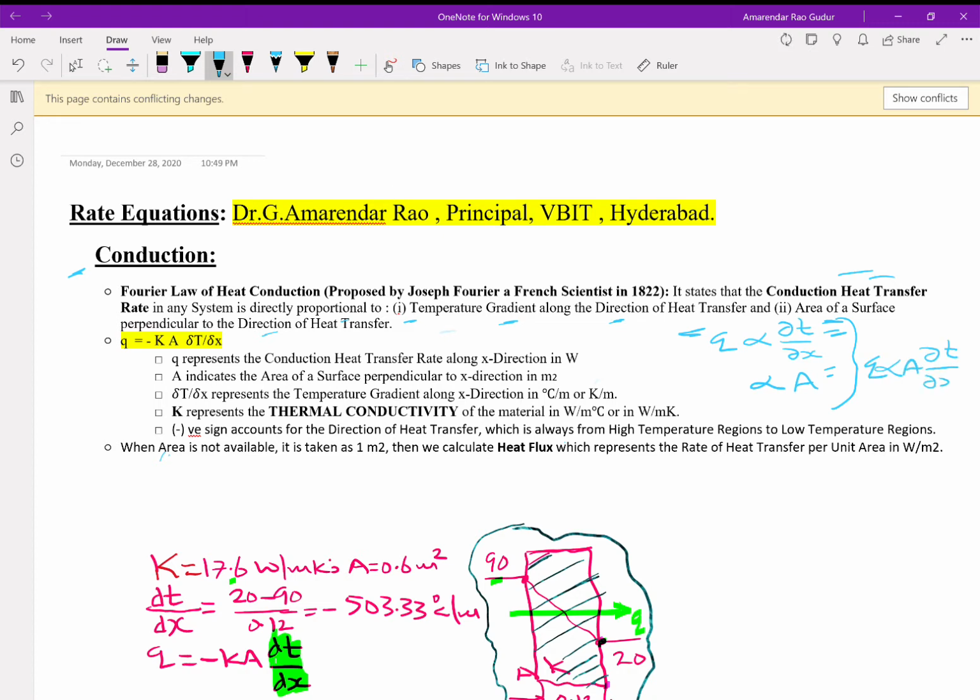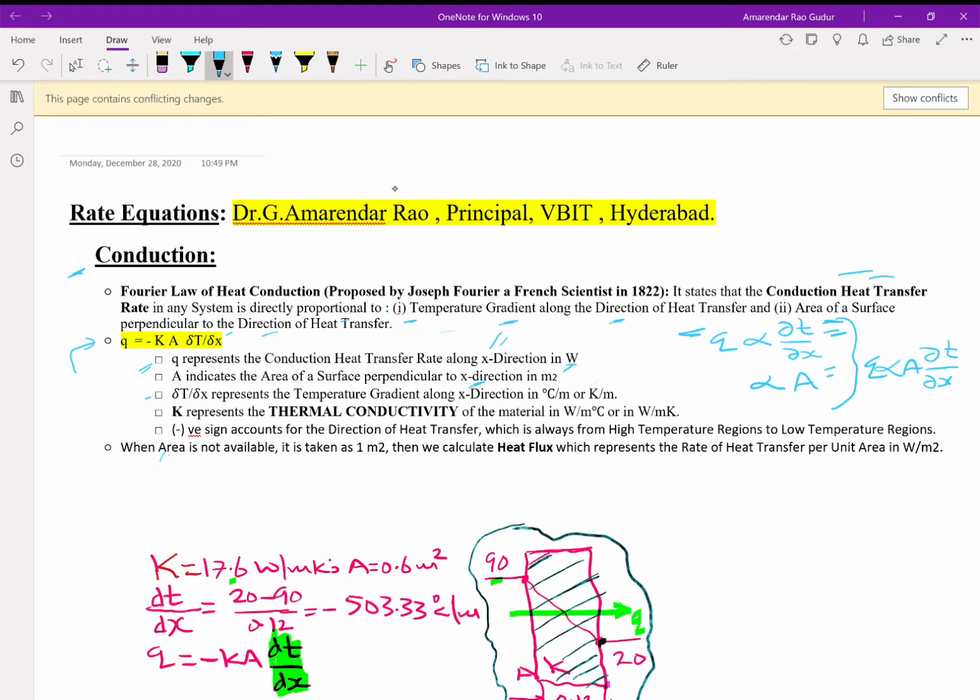Now we can introduce a proportionality constant, resulting in the mathematical statement of the Fourier law of heat conduction. In this equation, Q represents the conduction heat transfer rate along the X direction in watts, and A represents the area of a surface which is normal to the X direction in meters square, and del T by del X stands for the temperature gradient along the X direction in degrees centigrade per meter or Kelvin per meter.